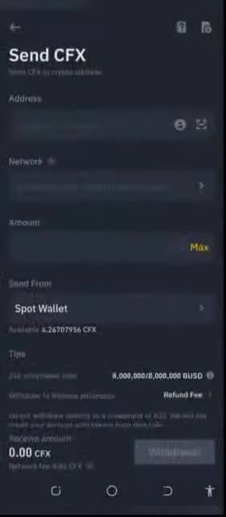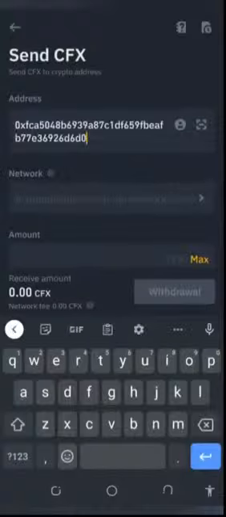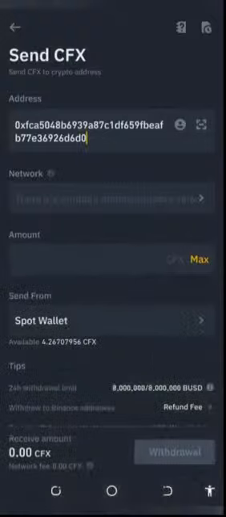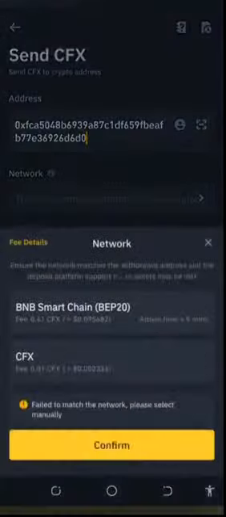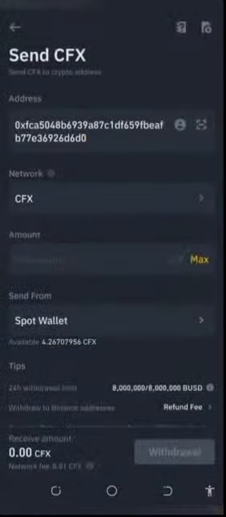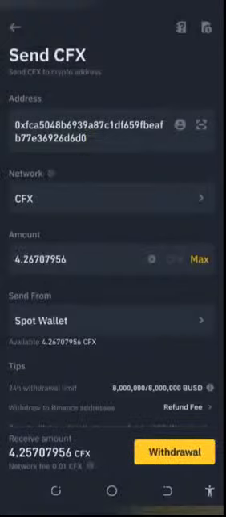Let's click on that, and then let's put the address here. The address looks good. It looks like it's not a mistake. The network is supposed to be CFX, okay? If this address wasn't good, it would be showing red. So let's put the max.